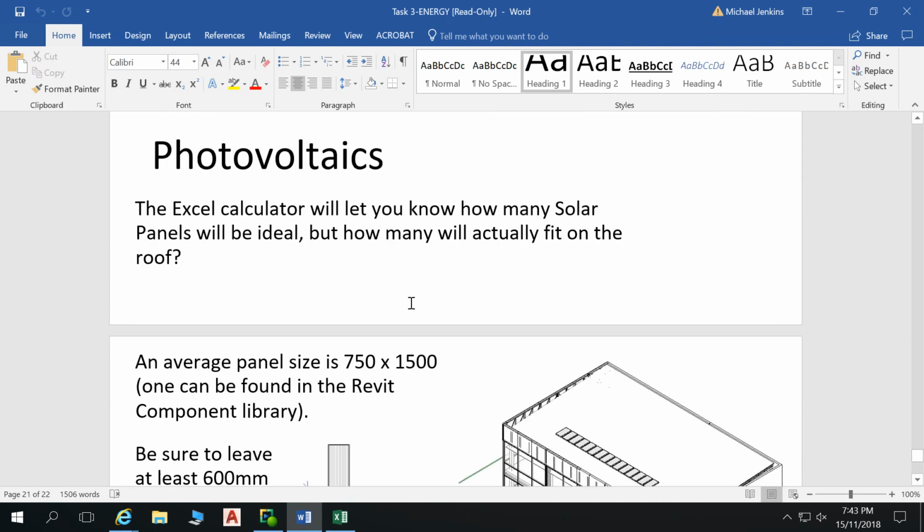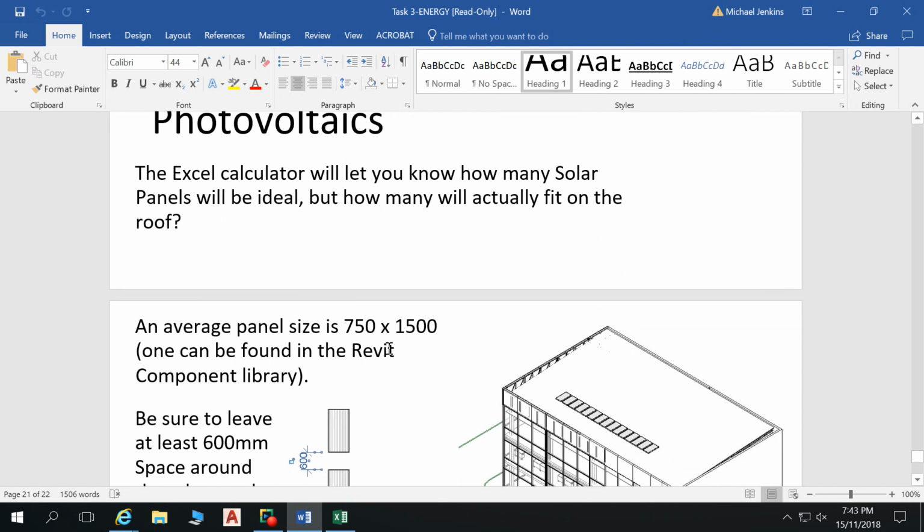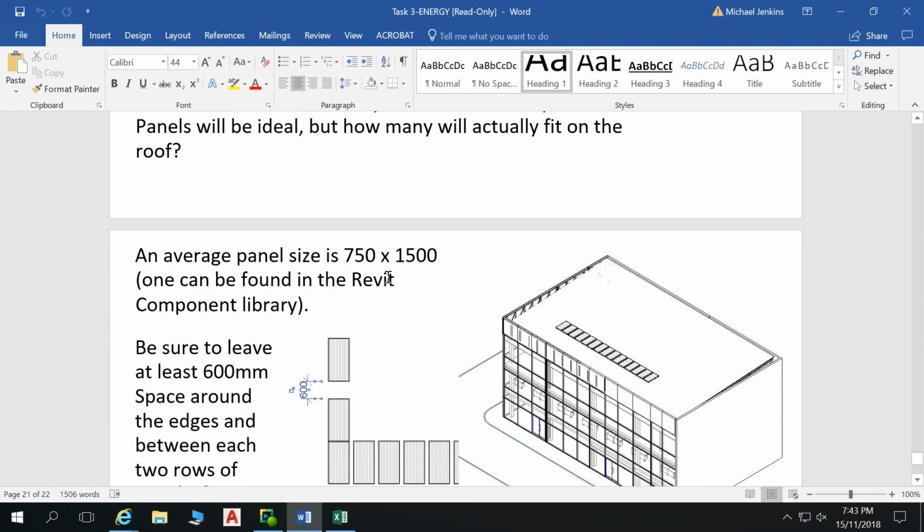Then finally, the last thing to do with the energy calculation portion is to work out how many photovoltaic panels you can get onto the roof. So that's what you wanted to find out. The average panel size is 750 by 1500. That's a fairly standard panel size.